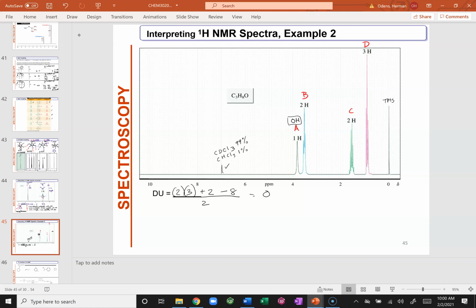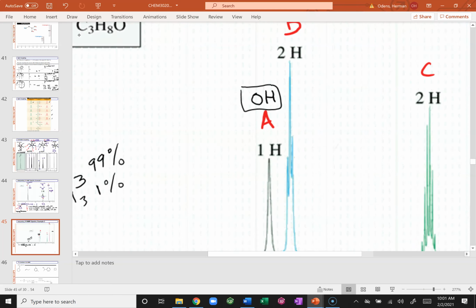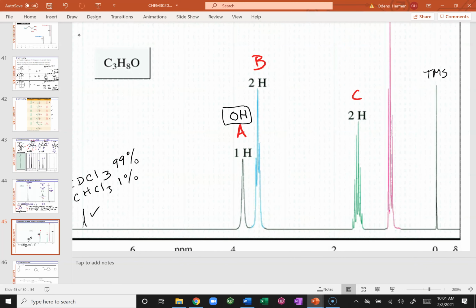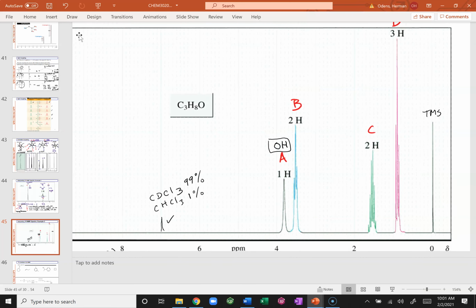Then I go to the next signal. Notice that I have, what does this look like to you in blue? The multiplicity. A triplet, yes. So I have a triplet, and it integrates for 2. What does the 2 tell me? That is a CH2, exactly. So I'm going to block my CH2 here. And I have a triplet. So I have the following combination.